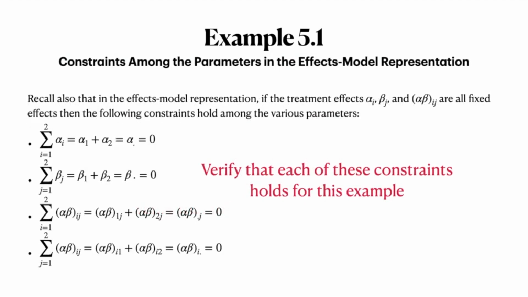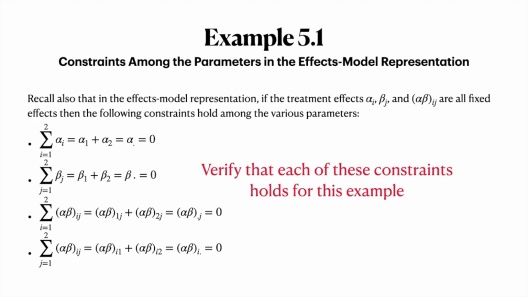Now recall also that in the effects model representation, if the treatment effects alpha sub i, beta sub j, and the alpha beta ij's are all fixed effects, then the following constraints hold among the various parameters. The first one is that the alphas sum to 0. The second constraint is that the betas sum to 0.